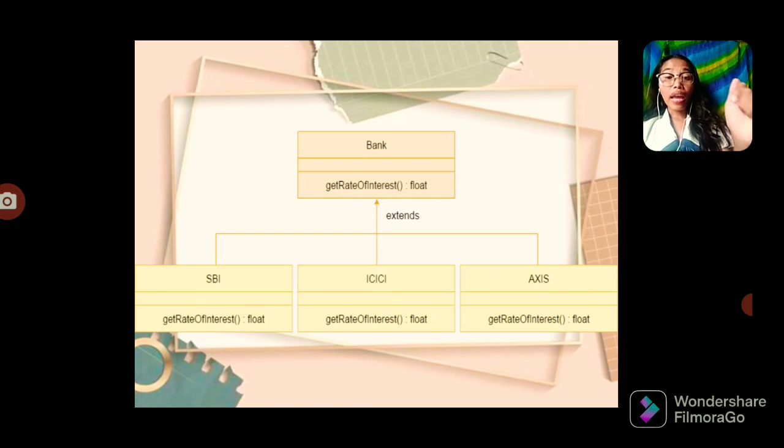However, the rate of interest varies according to the banks. For example, SBI, ICICI, and Axis. So the banks would provide 8%, 7%, and 9% rate of interest.